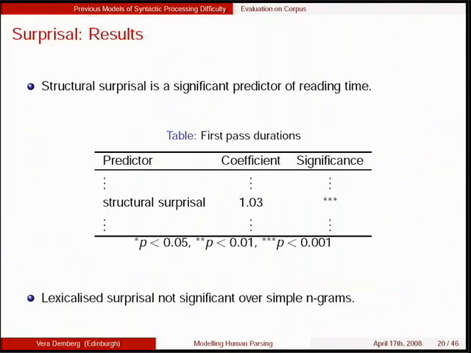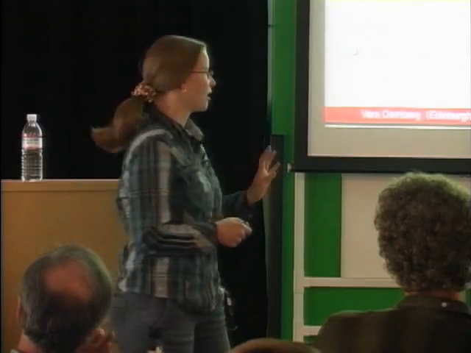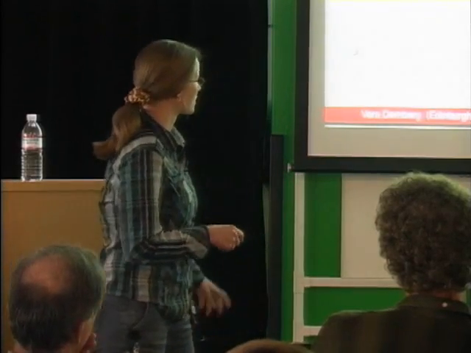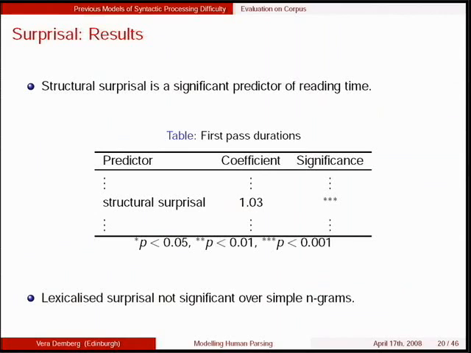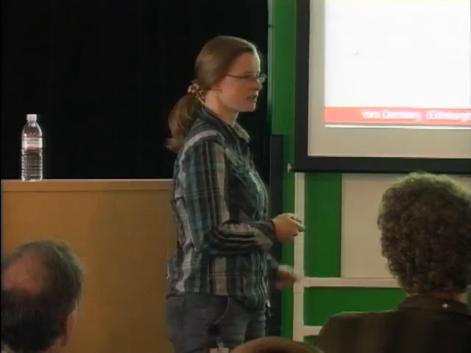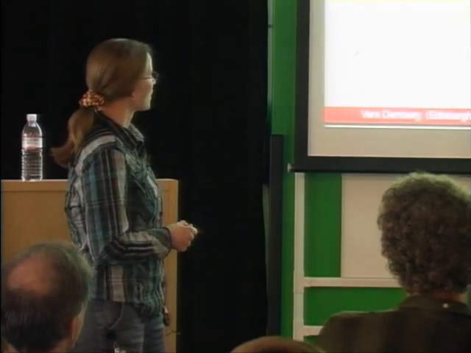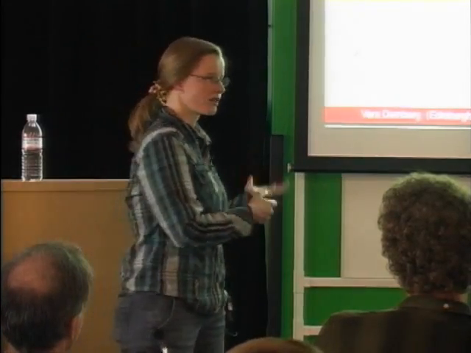I also did this with lexicalized surprisal and just simple n-grams. But actually, lexicalized surprisal was not significant over just using a simpler measure such as simple n-gram probabilities as an estimator. But structured surprisal was good over and above the other predictors.